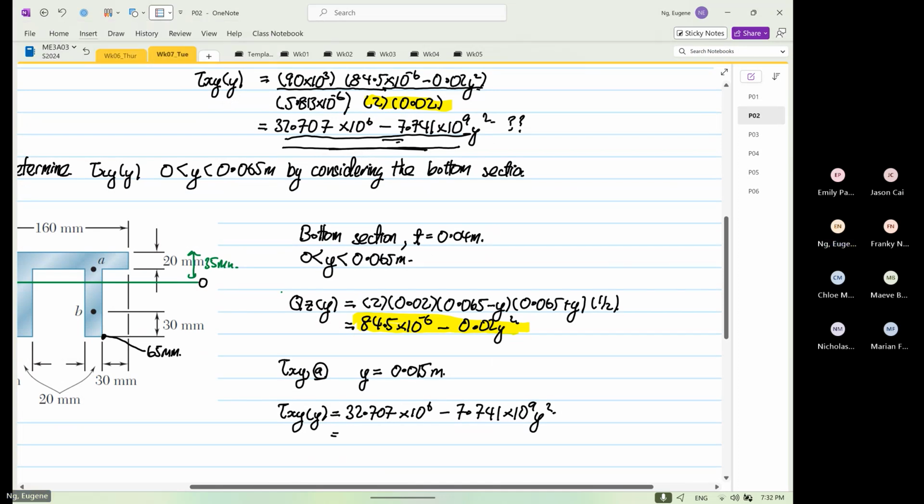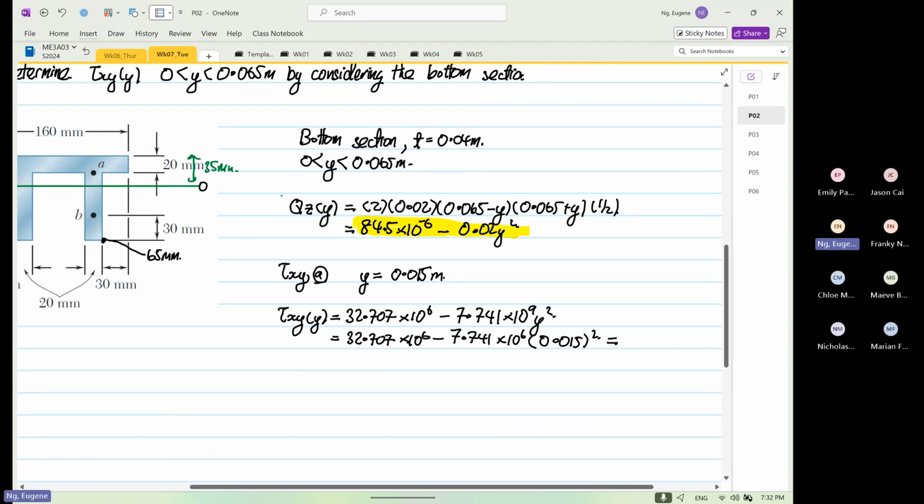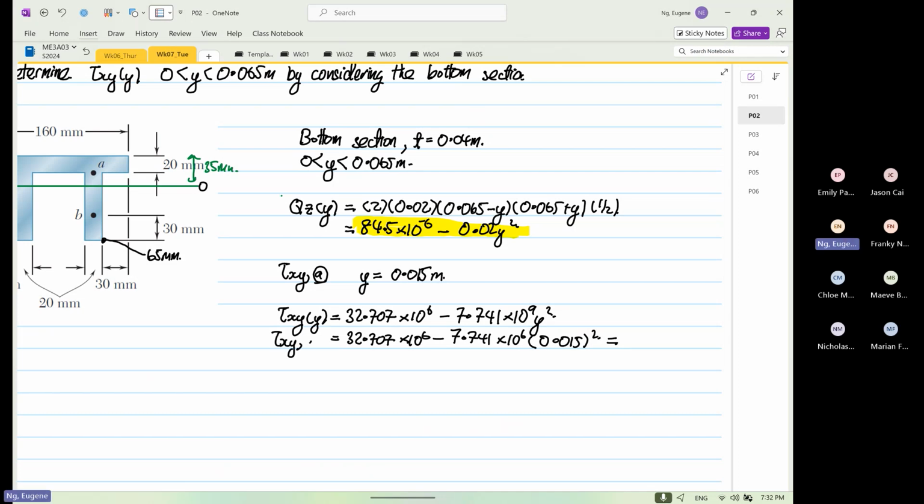So this is 32.707 times 10 to the power 6 minus 7.741 times 10 to the power 6, and the y bar will be equal to 0.015 squared. So the shear stress at point A is equal to 32.707 times 10 to the power 6 minus 7.741 power 6 times 0.015 times 0.015.